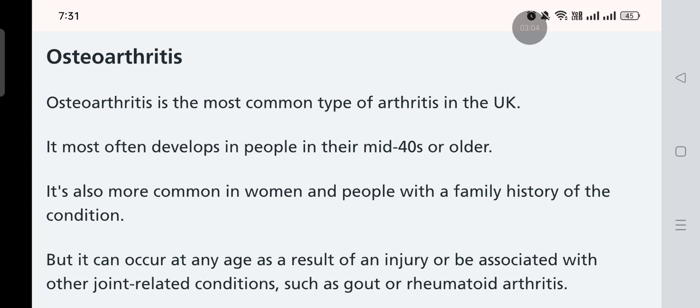Osteoarthritis is the most common type of arthritis in the UK. It most often develops in people in their mid-40s or older. It is also more common in women and people with a family history of the condition.